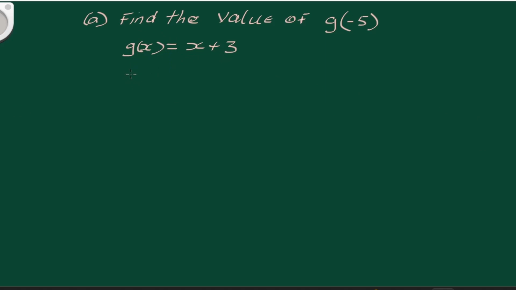Again, as we have been doing, wherever you see the -5, we're going to replace the x with the -5 because the -5 indicates the x value. So in this case, it's -5 plus 3, which will give us -2. Hence, the function g of -5 equals -2.